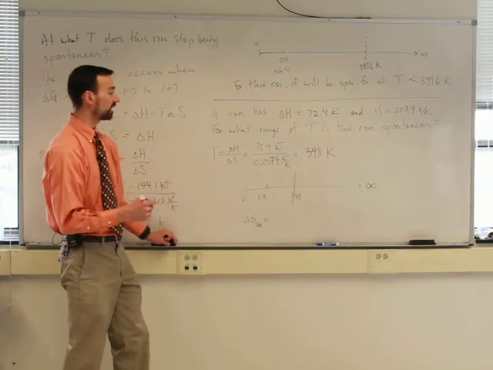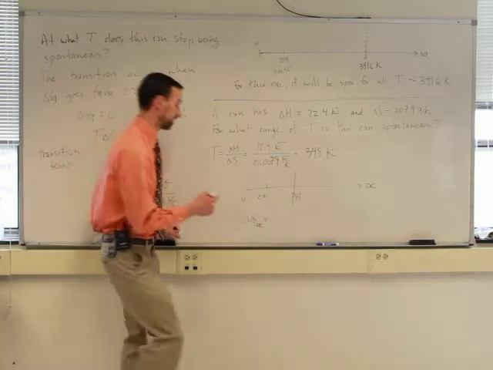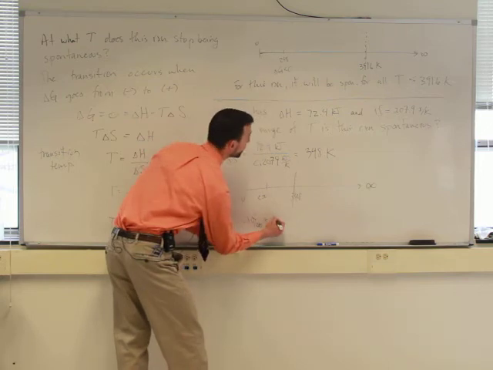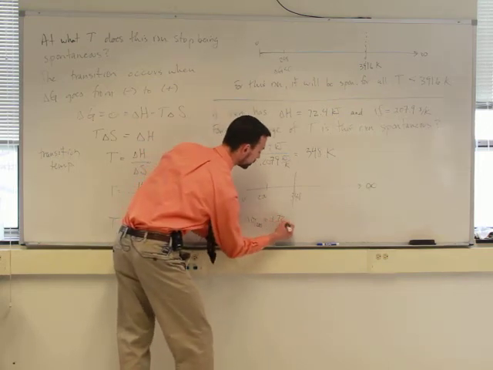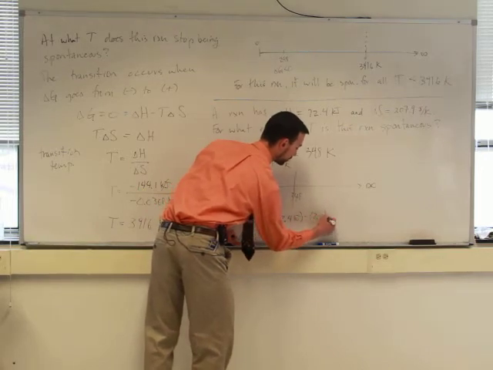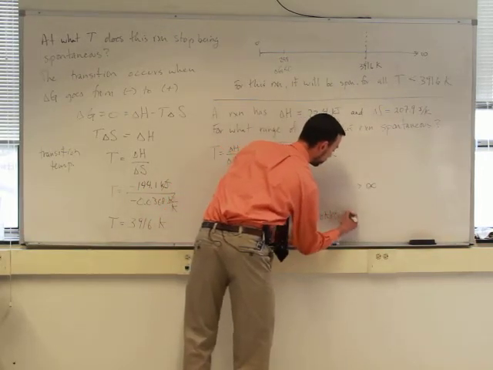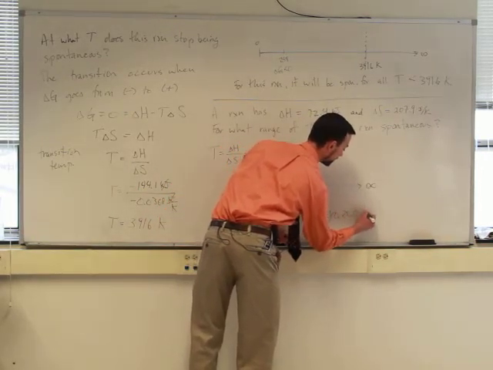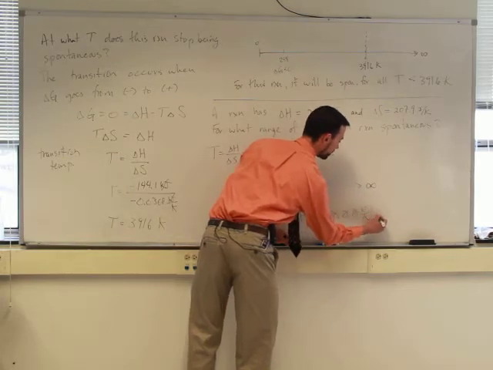So delta G for this reaction at 200 would be the delta H, 72.4 kilojoules, minus temperature, 200 Kelvin, times the 0.2079 kilojoules per Kelvin.